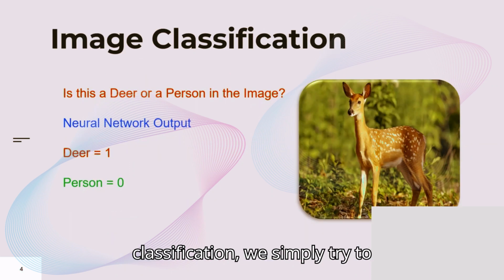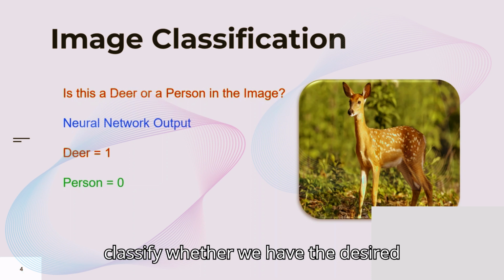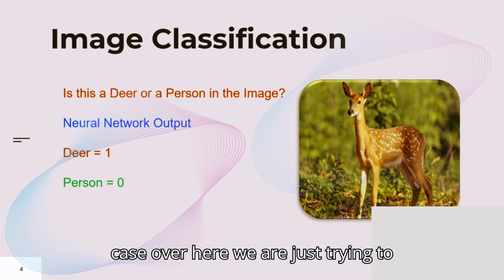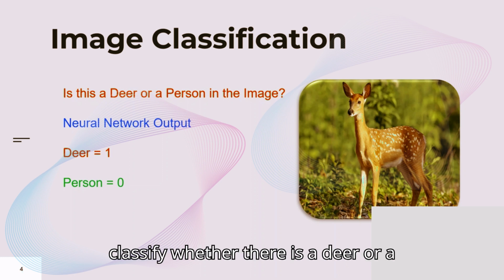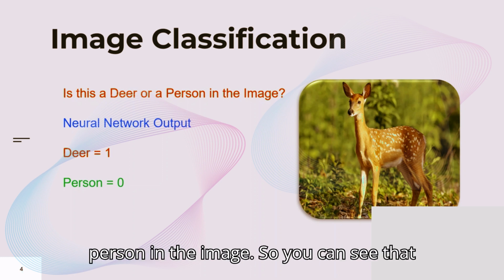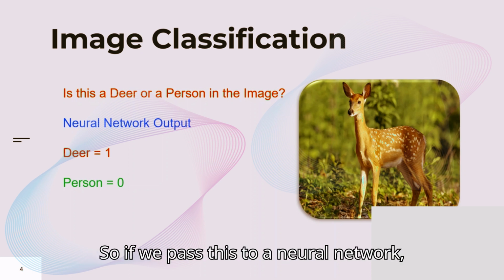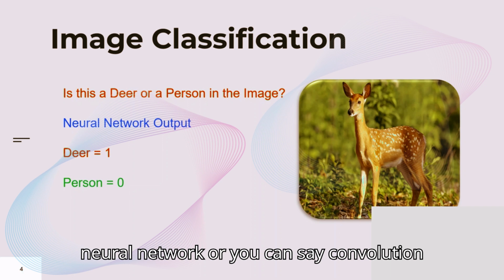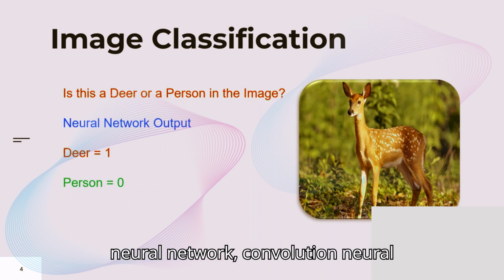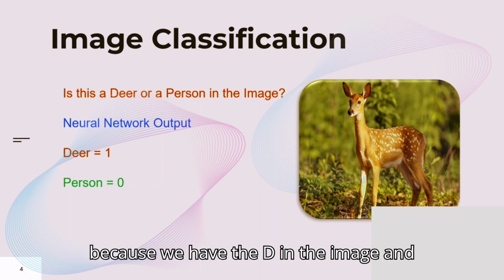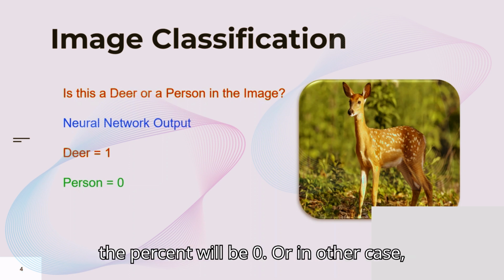In image classification, we simply try to classify whether we have the desired object in the image or not. Like in the case over here, we are just trying to classify whether there is a deer or a person in the image. If we pass this to a neural network, or you can say a convolution neural network, it will classify deer is equal to 1 because we have the deer in the image, and person will be 0.